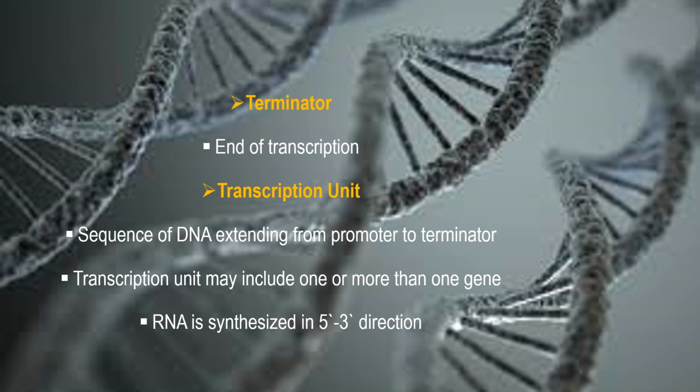The transcription unit is the sequence of DNA extending from promoter to terminator. It consists of a promoter followed by coding genes, and finally the terminator. A transcription unit may include one or more genes, and RNA synthesis occurs in the 5' to 3' direction.